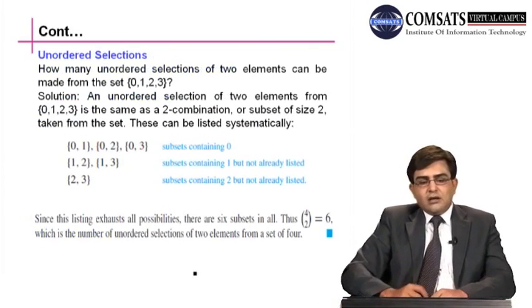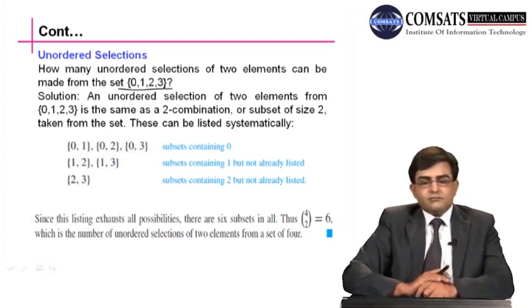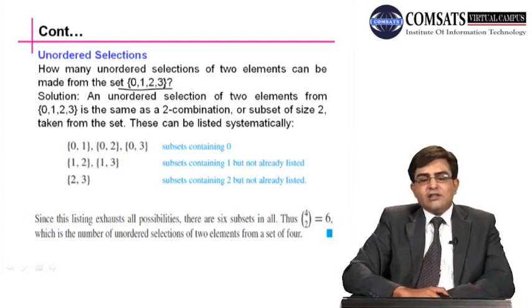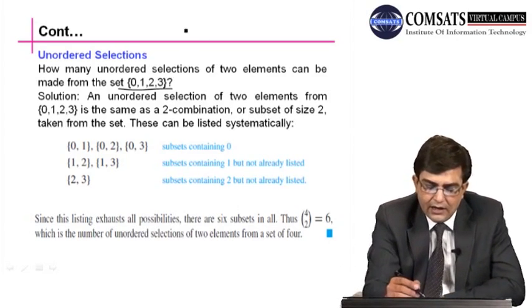Now, another example of combination, of unordered selection. How many unordered selections of 2 elements can be made from this set? Unordered selection means combinations.